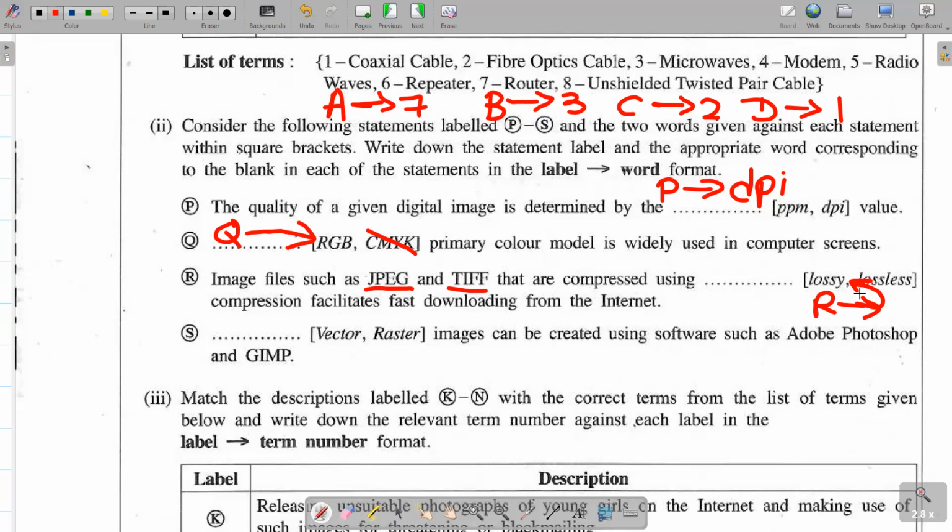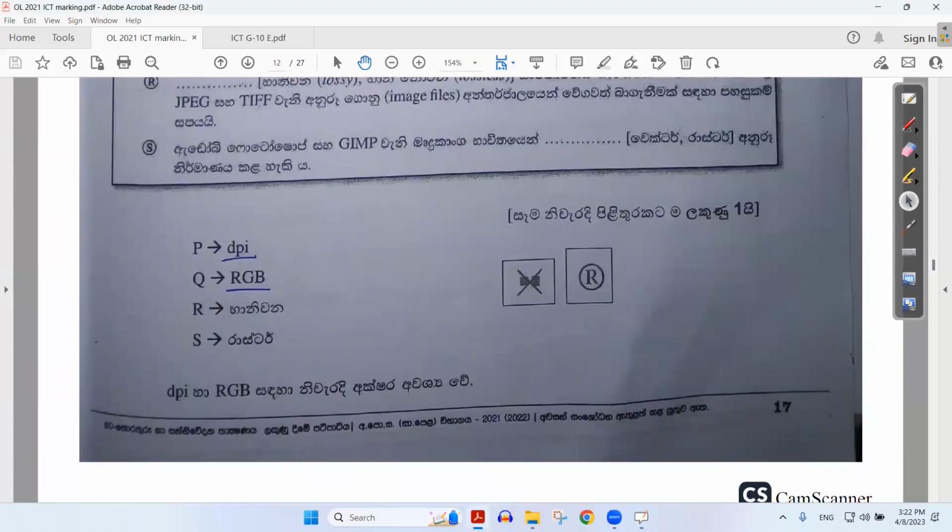Then the S, blank images can be created using software such as Adobe Photoshop and GIMP. That is raster graphics. So for S, it's the raster. Right, so let's cross check the things.